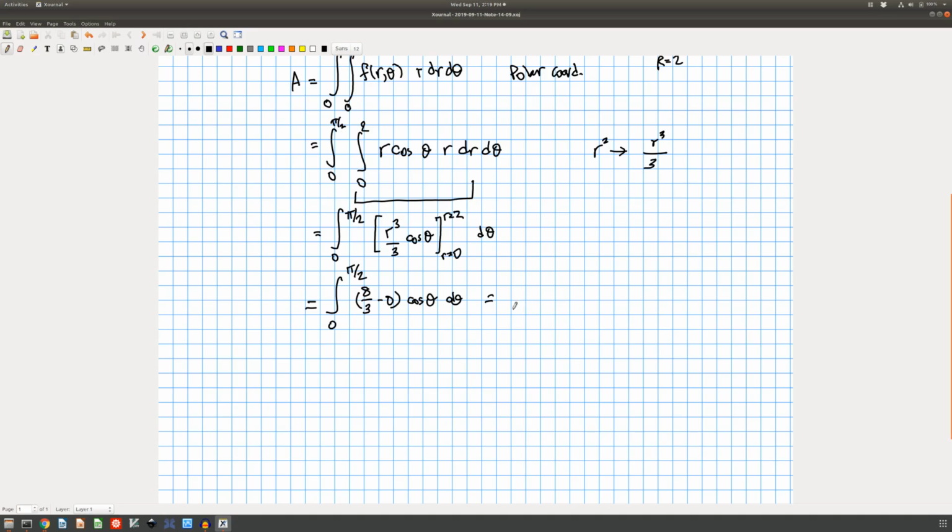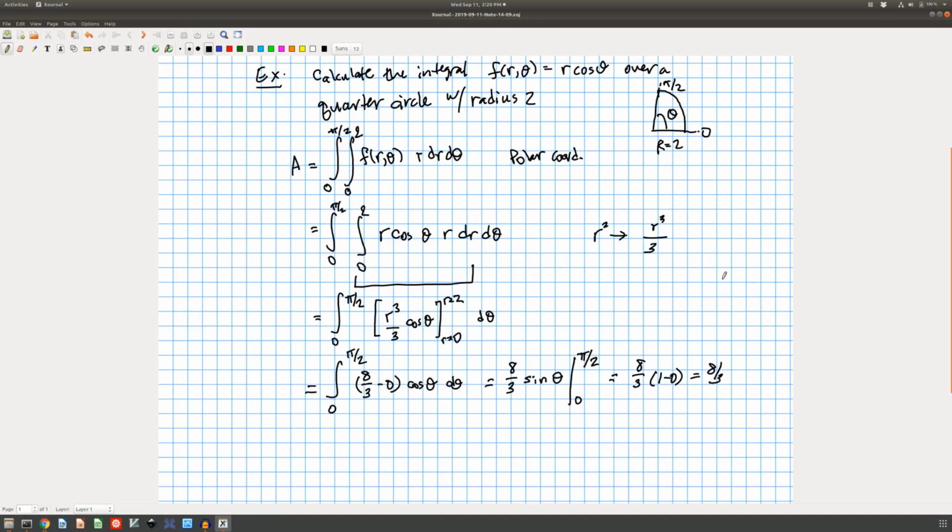Well, the integral of cosine of theta should be sine of theta, right? So I should have sine of theta, I need my 8 thirds in front, and I'm going to evaluate that one from 0 to pi halves. The sine of pi halves is 1, and the sine of 0 is 0, so this is just going to be 8/3 of 1 minus 0, which is 8/3.